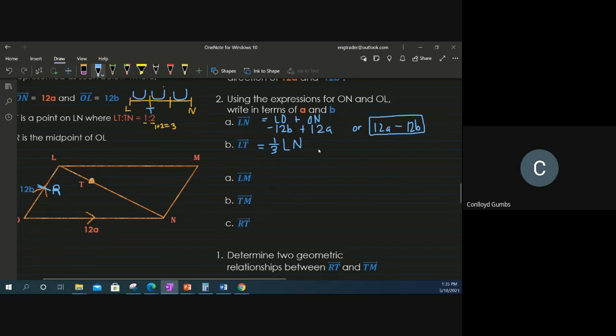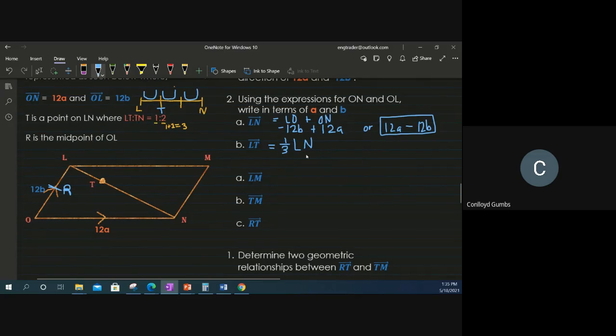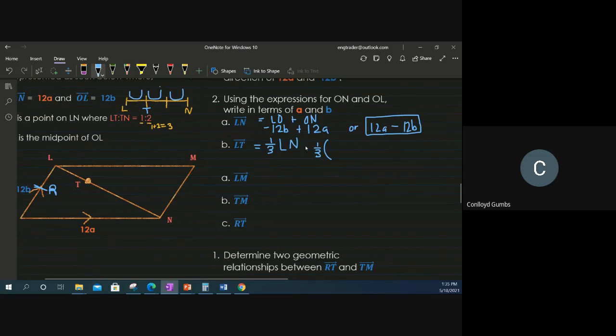So if you look at it here, LT would be 1/3 of this, because this is from our previous question: 1/3 of 12A minus 12B. We're trying to find 1/3 of each of these numbers, which is 1/3 multiplied by that.